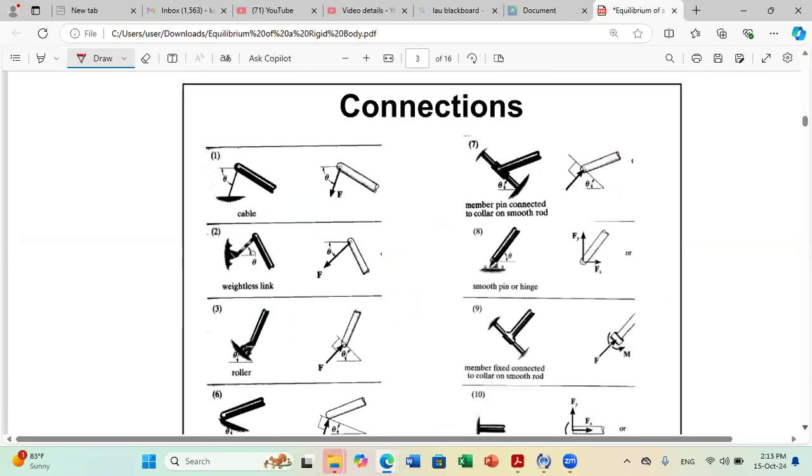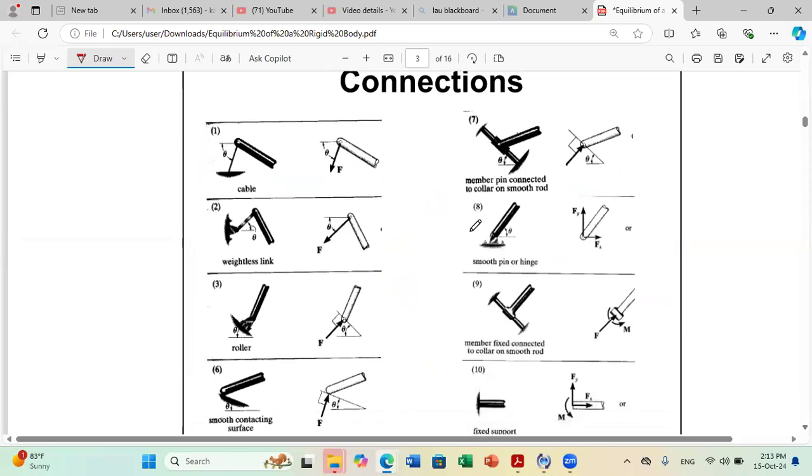Now, other types of connections that we can have in 2 dimensions, we can have cables. Whenever you have a cable, we have seen together that the cable can only sustain tension. It cannot oppose compression.